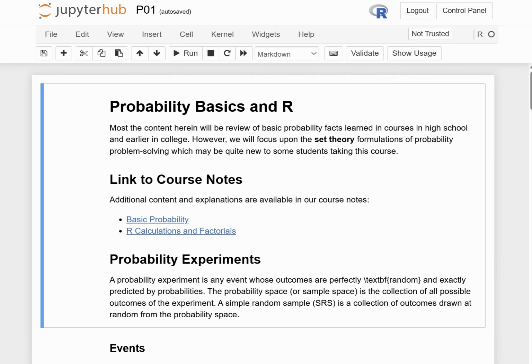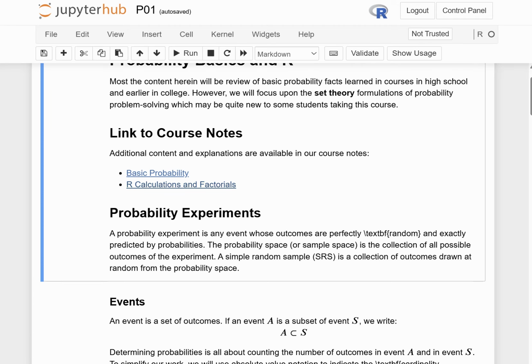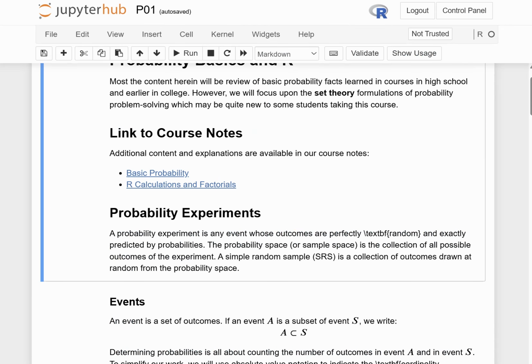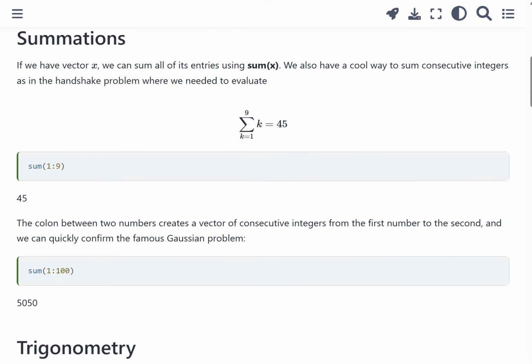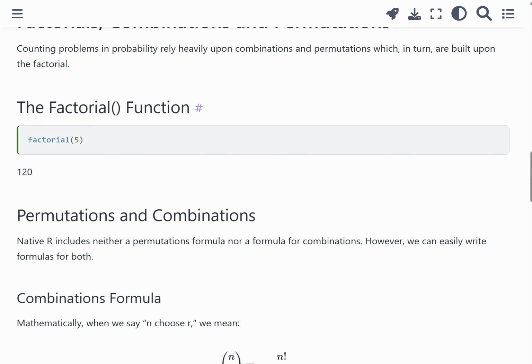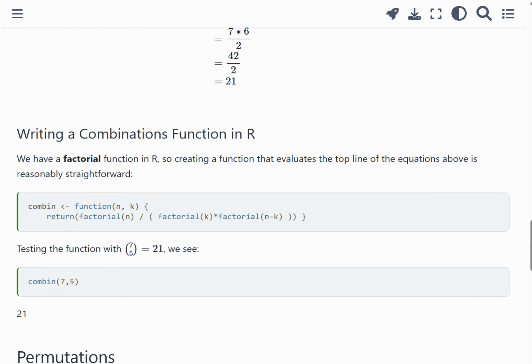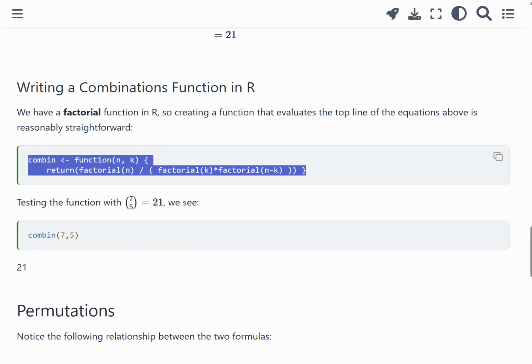This is an R notebook that we'll be using in the Jupyter Hub, and it comes to you and it has some notes. It also has some links to the two sections in the book that we'll be interested in looking at. We're actually going to use this R calculations and factorials in just a second. Why? Well, because R has a factorial function, but for permutations and combinations, we have to write our own functions, which I have provided here.